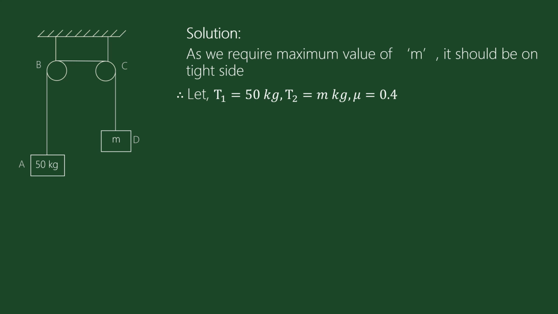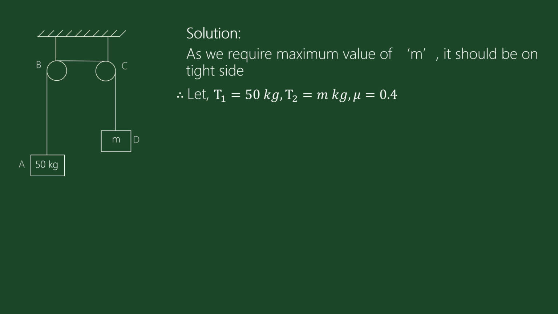Now, what about beta? Since the string is passing combinedly from rod B to rod C, if you consider rod B, the situation is exactly the same as the last example: the rod is in contact with the cable for 1/4 of the circle, meaning the lap angle for only the B part is pi by 2, and for C again the angle is pi by 2.